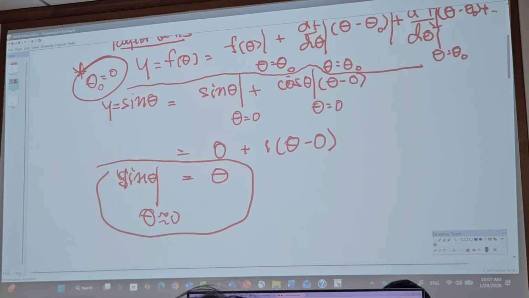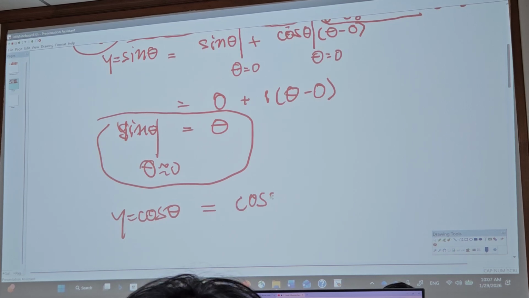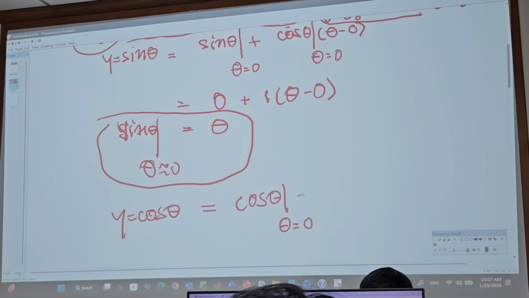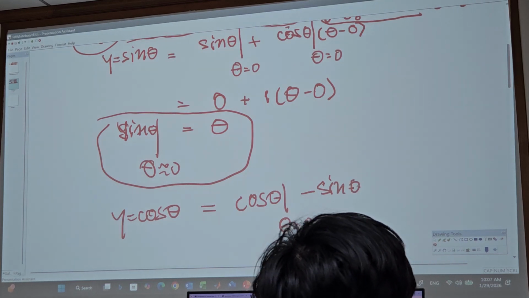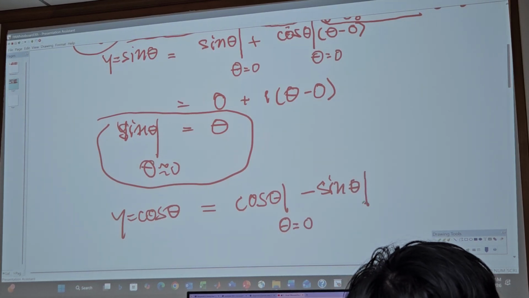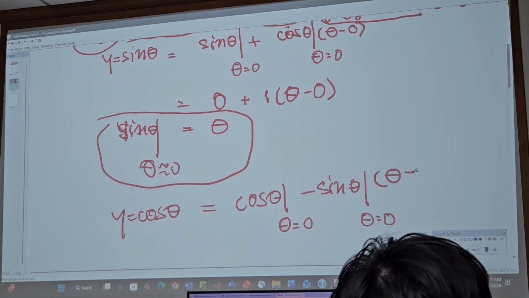If y equals cos theta, I want to linearize this one. First of all, cos theta at theta equal to 0, plus the derivative of cos, which is minus sine theta at theta equal to 0, times theta minus 0.